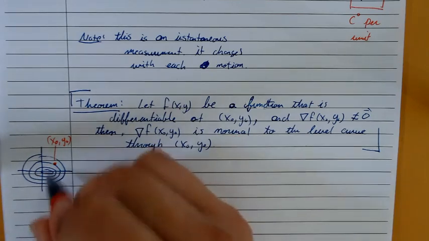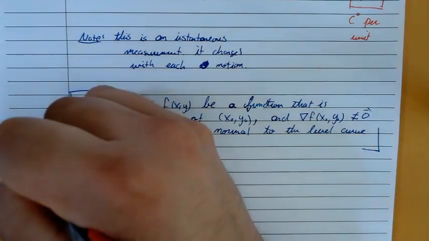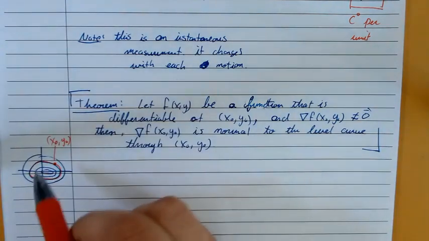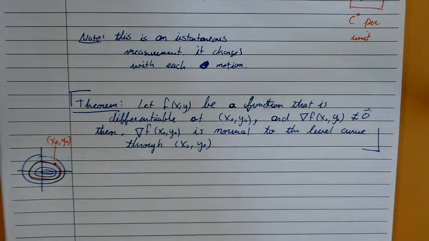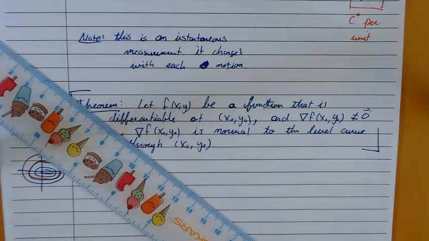There's the point. There's the level curve through the point. Imagine a line that's tangent to that curve at that point. It would look something like this.